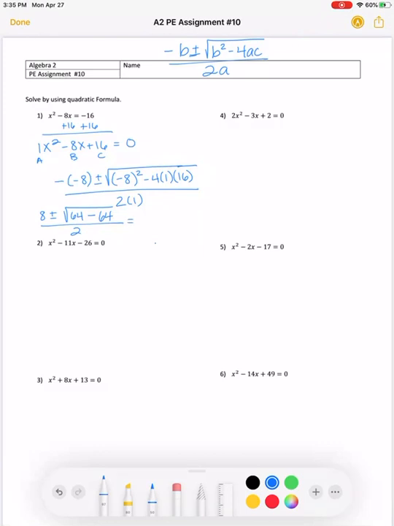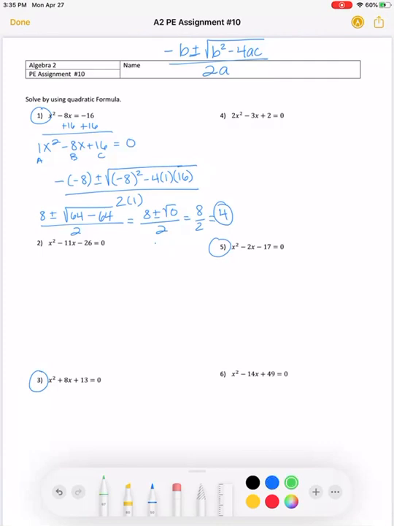So you have 8 plus or minus the square root of 0 all over 2, which is just 8 over 2. This one actually factors really nicely, and your answer is 4. And again, we're going to do the odds. So we're going to work through 1, 3, and 5, and then if you have questions on 2, 4, and 6, you know where to find me.